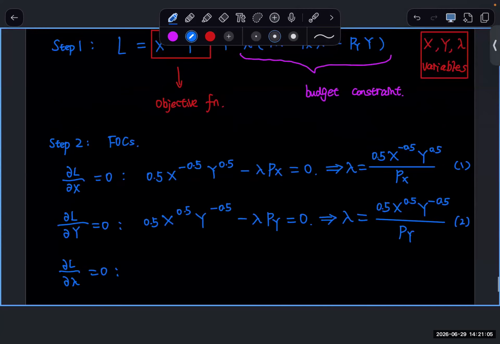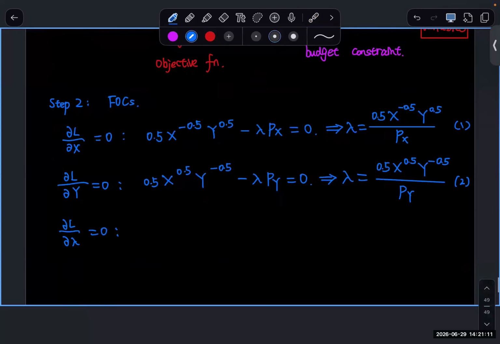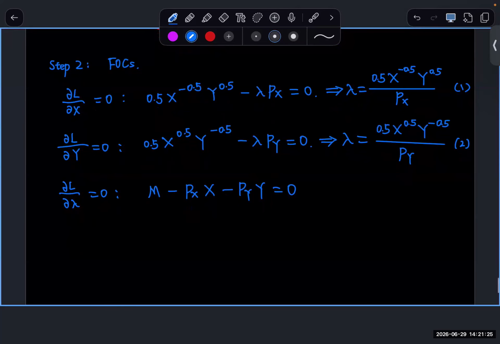So here basically just what? This one, okay? The coefficient of lambda. So we have m minus px times x minus py times y equals 0. So here also means that px x plus py y equals m. So here is going to be the third equation.